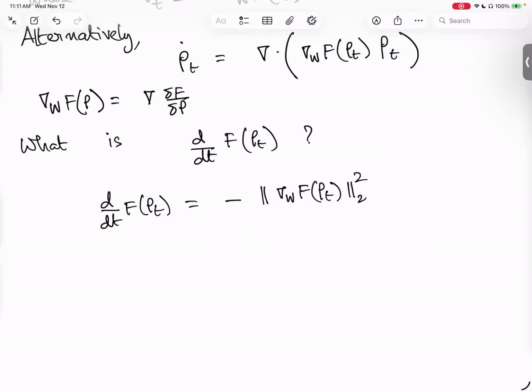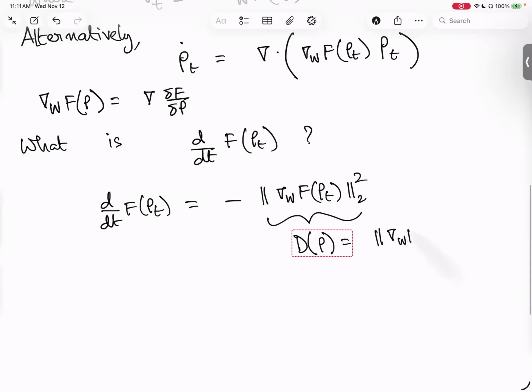This is not very hard to prove in this case. As long as a Wasserstein gradient exists, you just apply Otto calculus to it and you get this. But again, as I keep on saying, you can guess this from your Hilbert space calculation. This quantity is what I'm going to call my D of rho.